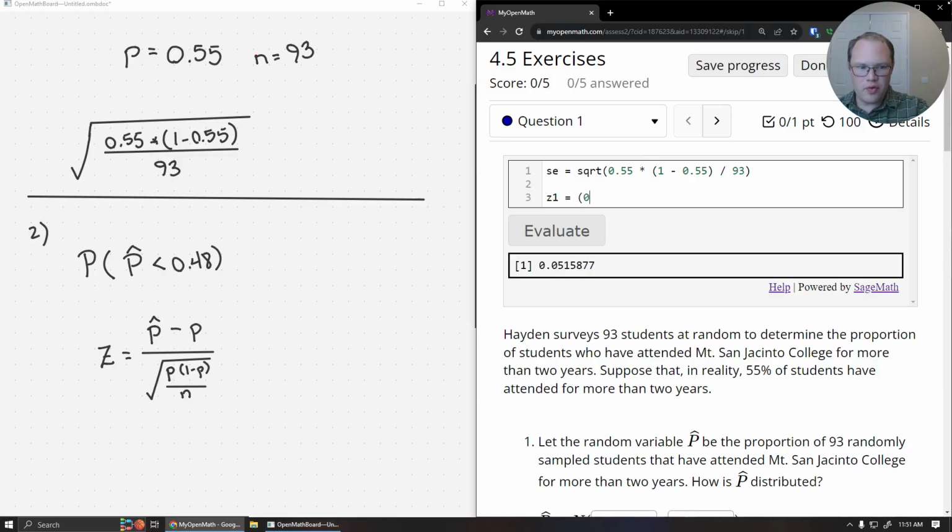So 0.48 minus our population proportion, which is 0.55, and we're going to divide by our standard error. Now I could write the whole formula out again, or I could just use the variable that I've already stored that standard error in. So I'm going to divide by SE, which is the value of our standard error. And so the z-score that I'm interested in is negative 1.35.